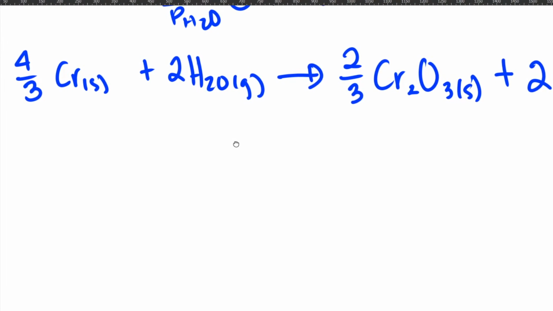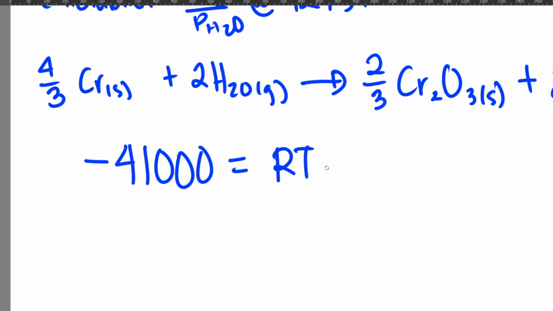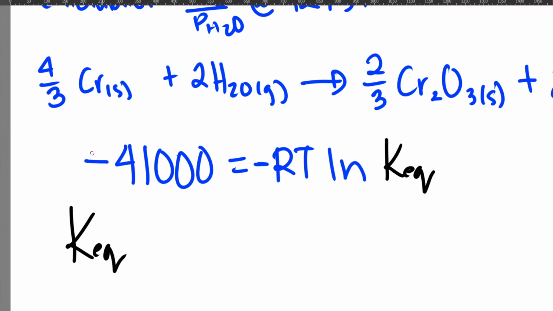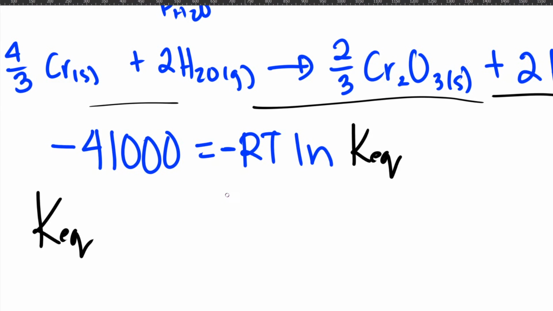Now, solving for this one, we use delta G is equal to negative RT ln KEQ. Delta G, negative 41,000, is equal to negative RT ln KEQ. Yung KEQ natin, we can get this from our equation. KEQ is products over reactants.